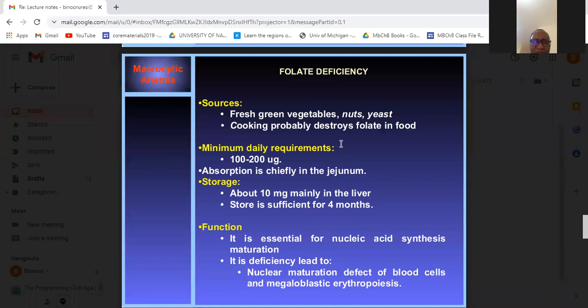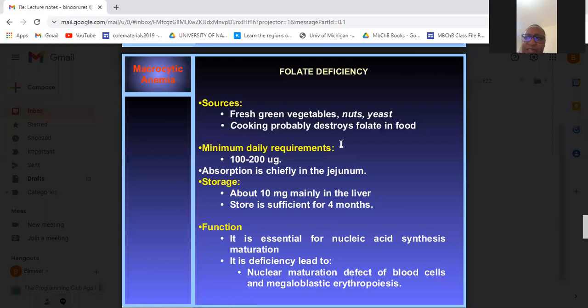Folate in food is in the form of polyglutamate; when it goes to the GI system, it's broken into smaller components, the monoglutamates. The monoglutamates are absorbed in a passive manner.